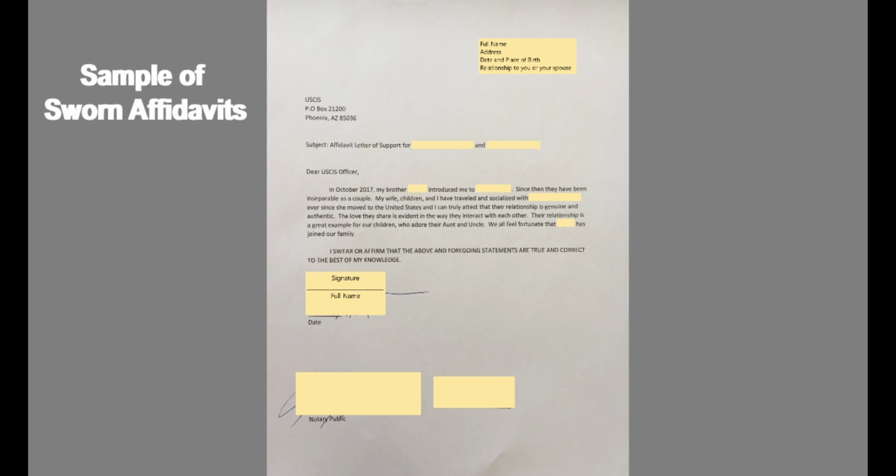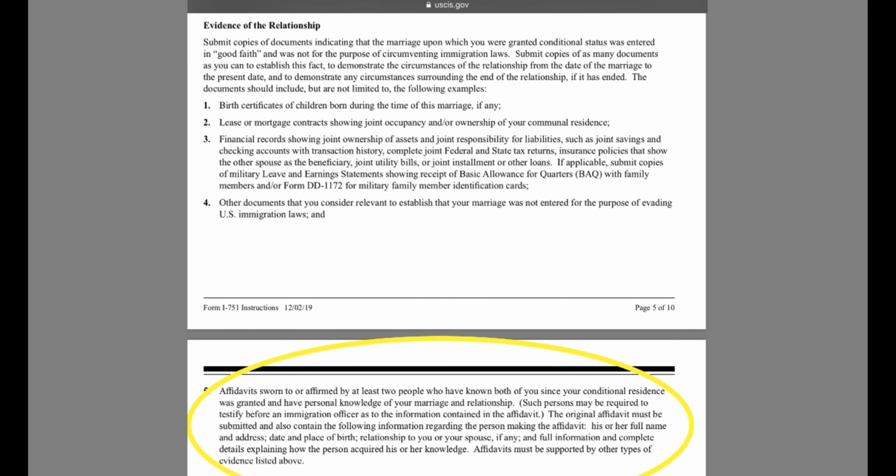Based on the USCIS website, the affidavit must be sworn to or affirmed by at least two people who have known both of you since your conditional residence was granted and have personal knowledge of your marriage and relationship. Such persons may be required to testify before an immigration officer as to information contained in the affidavit.